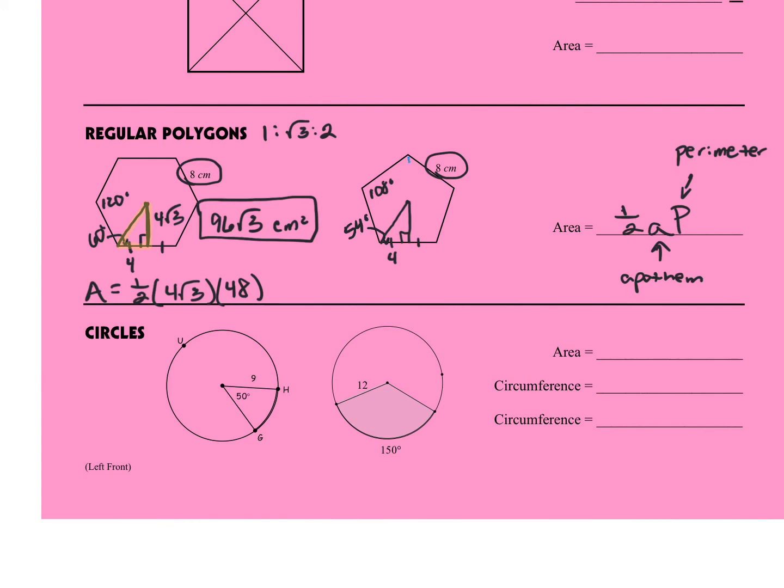Another option, and you just need to choose which one's going to work for your brain, is to imagine a triangle right here, okay? Inside this pentagon, there would be 5 of these triangles, okay? That would make 5 central angles. We know all the central angles would add to 360, so we could take our 360 divided by 5, and that would get us 72 degrees for each central angle.